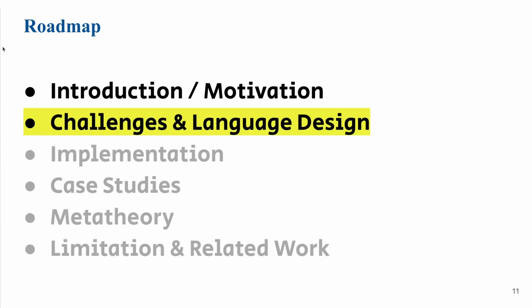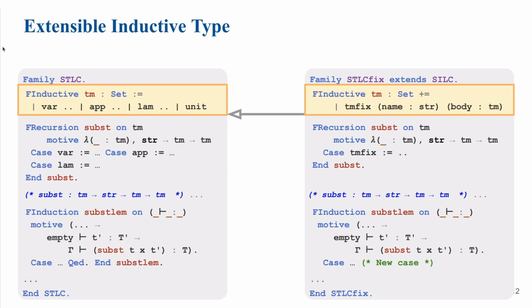In designing FPOP, we address challenges that arise due to the underlying language of a proof assistant being functional, dependently typed, a logic, and an interactive tool, all at the same time. Here, we introduce a new command, FInductive, for defining extensible inductive types.